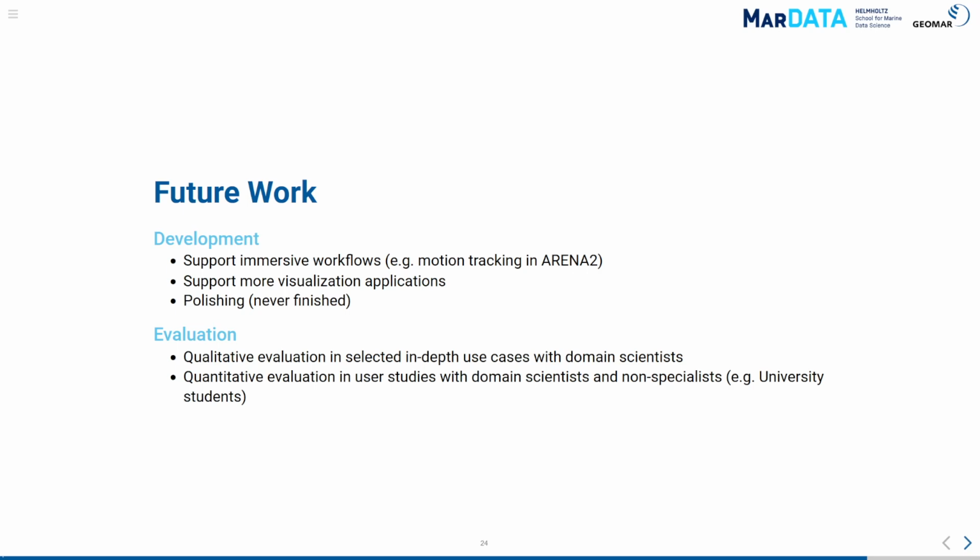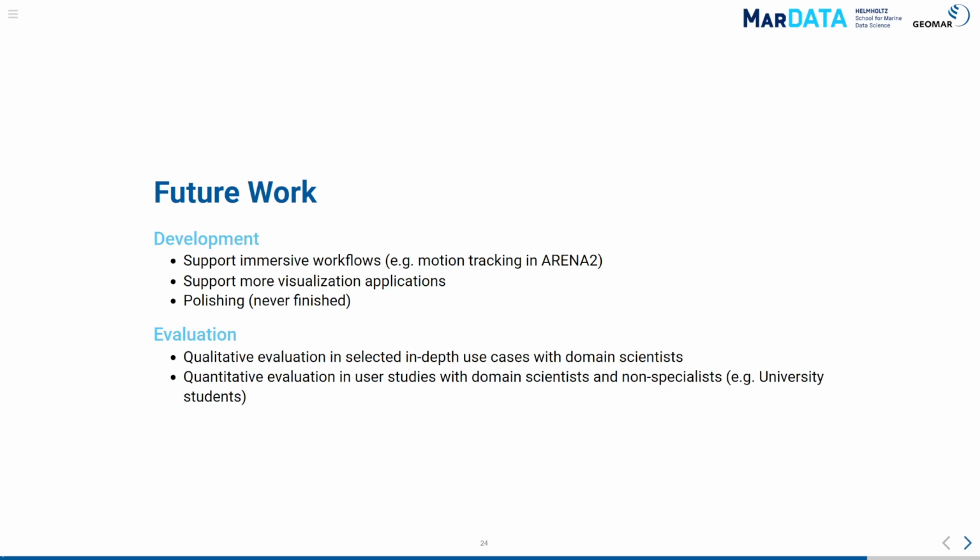We have an OptiTrack setup in the Arena 2, which would allow to record motion tracking, but other possibilities are to record eye movement or eye tracking, or also things like speech to text.